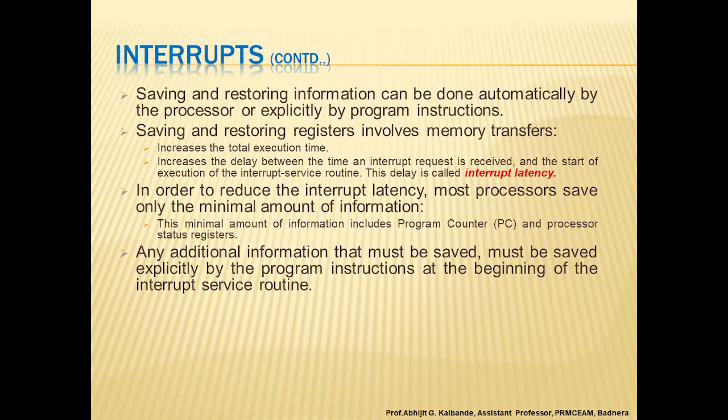In fact, the two programs often belong to different users, and hence, before starting execution of the interrupt service routine, any information that may be altered during its execution must be saved. This information must be restored before execution of the interrupted program is resumed. In this way, the original program can continue execution without being affected in any way by the interruption, except for a time delay.